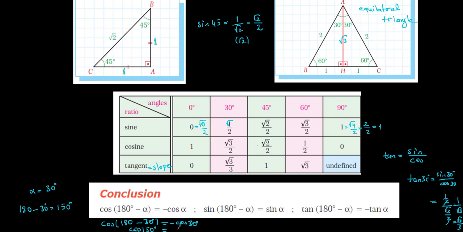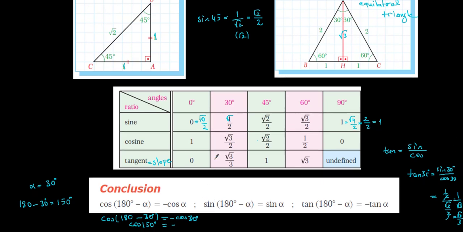So cosine 150 is equal to minus cosine 30, and cosine 30 is going to be equal to root 3 over 2 in the table. So cosine 150 is minus root 3 over 2, because of the conversion between the trigonometric units. Okay, let's continue with some exercises.